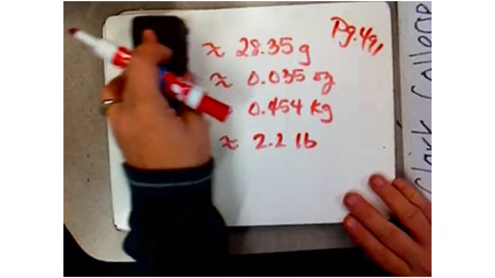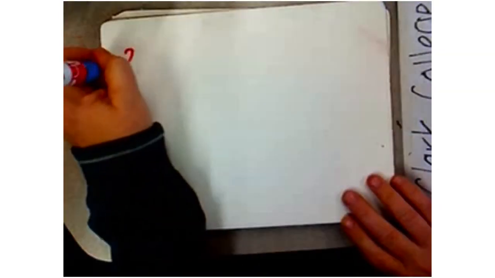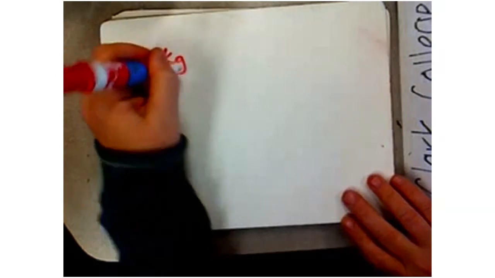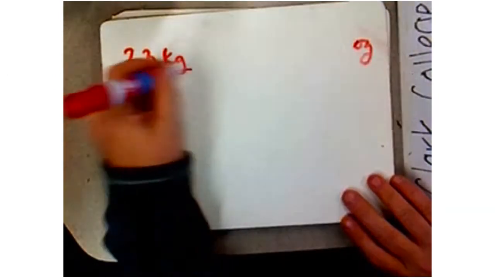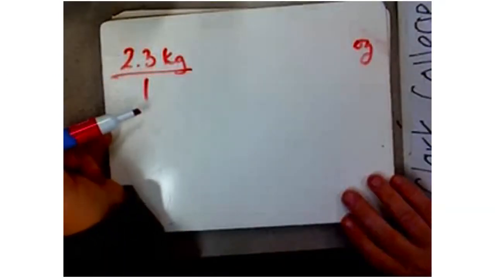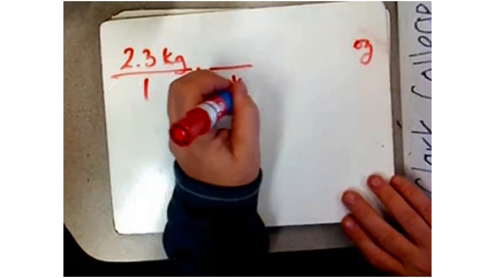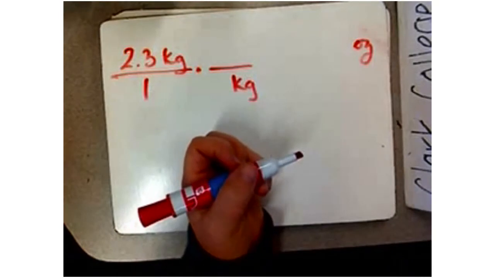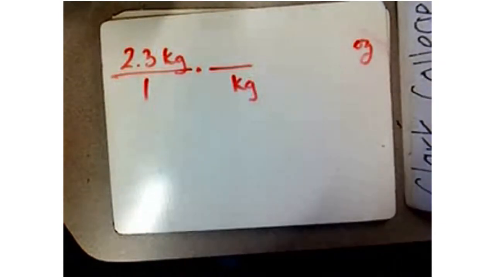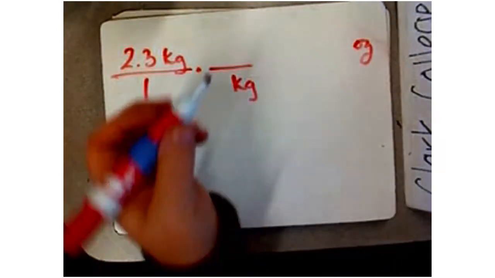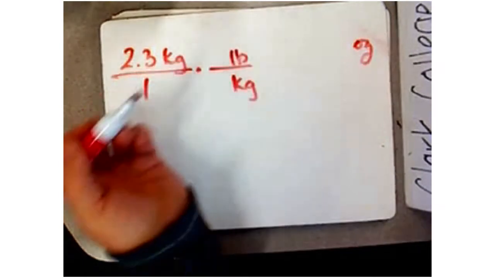So on page 492, example 2 says to change 2.3 kilograms to ounces. So we're going to put 2.3 kilograms over 1. We're going to have a bridge. We want to do kilograms, and then we can go back to our chart on page 491. Notice it doesn't have kilograms to ounces, it has kilograms to pounds. So we have to do that bridge first.